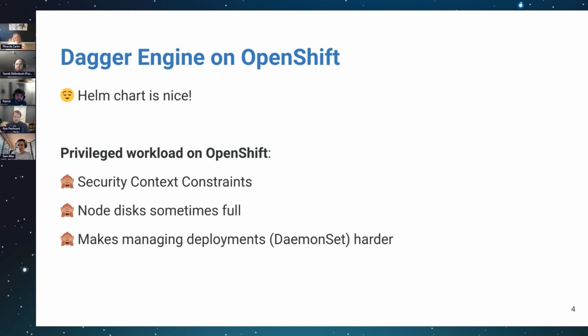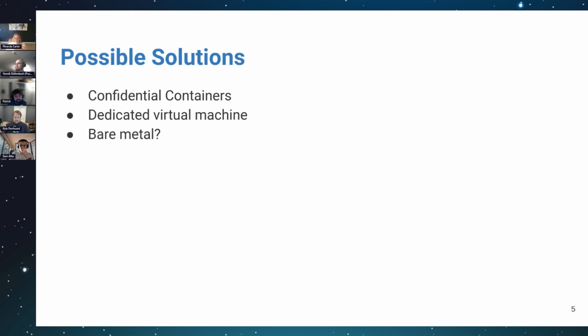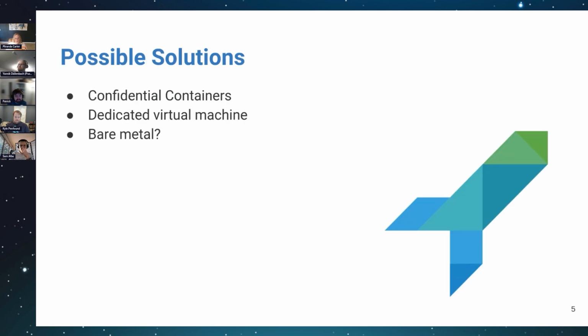And overall, I would say privileged workload on an OpenShift cluster, or even plain Kubernetes, sometimes makes managing deployments, especially the daemon set for the Dagger engine, a bit hard.